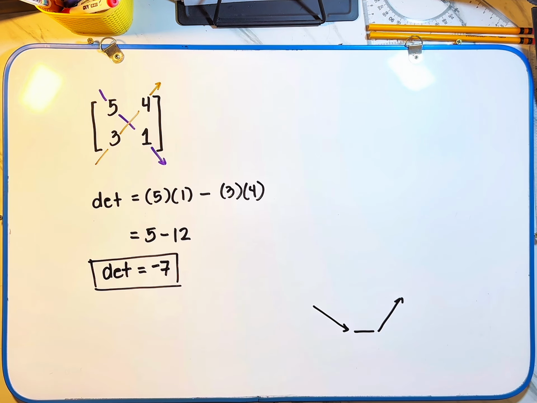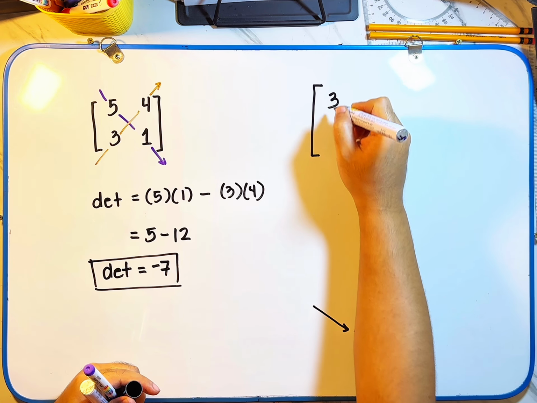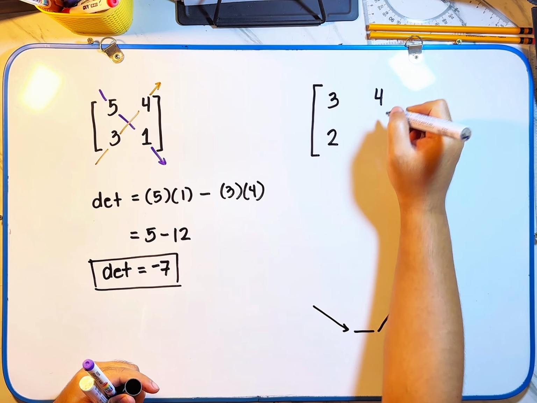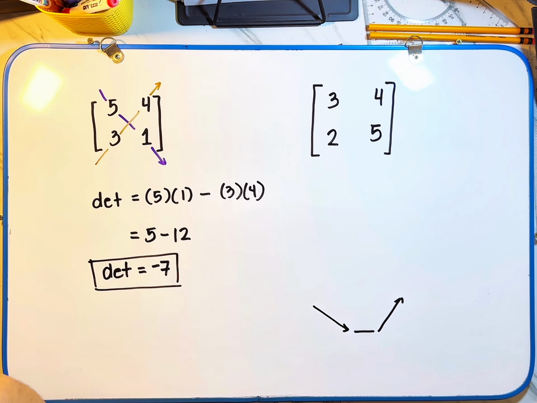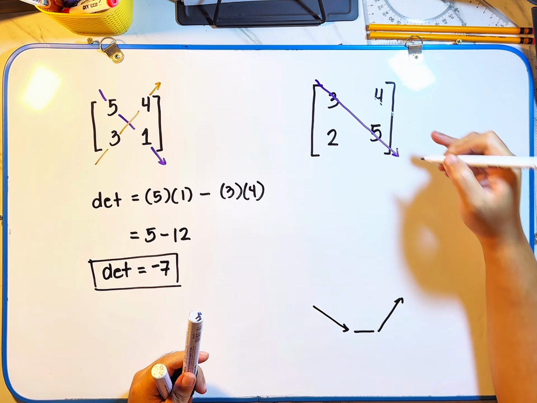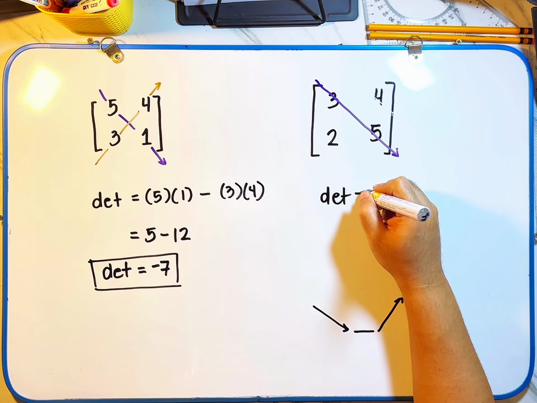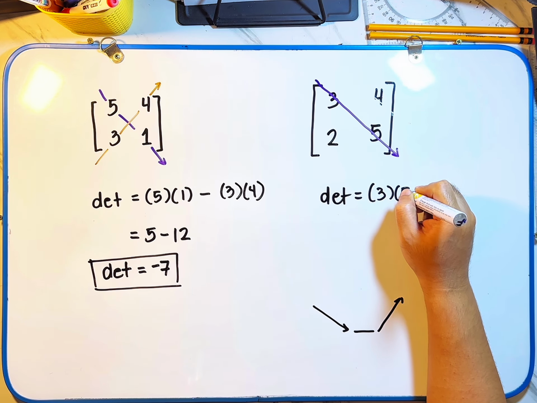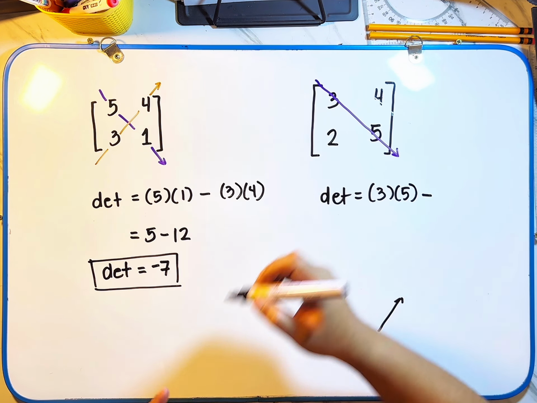Let's try another one. How about this? Okay, so what is the determinant of this matrix? Same process, use the basket method. So multiply diagonally from left to right. Like that. And then the determinant is equal to 3 times 5 minus, and then multiply diagonally upwards from left to right.